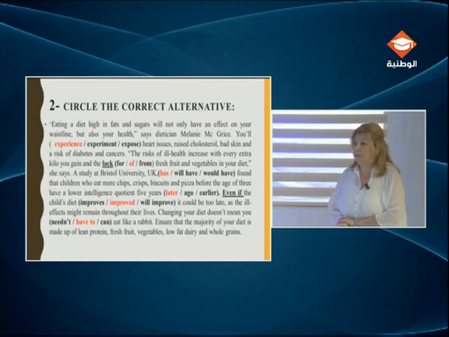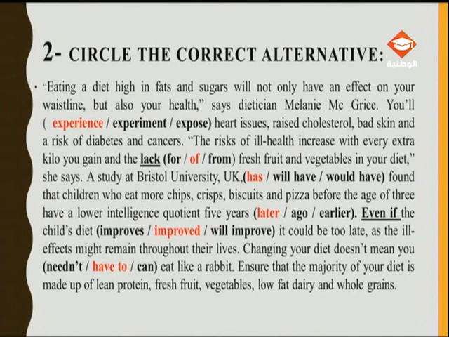You will experience, you will experiment, or you will expose heart issues, raised cholesterol, bad skin, and the risk of diabetes and cancers. So, I go back, I have the words experience, experiment, and expose. Can we use expose in that particular case?